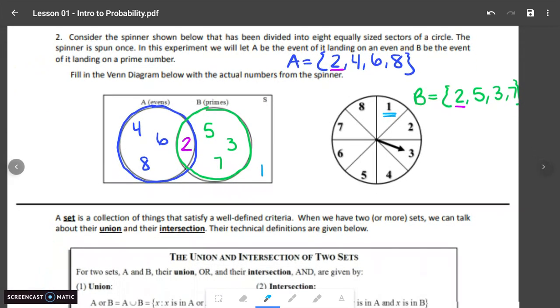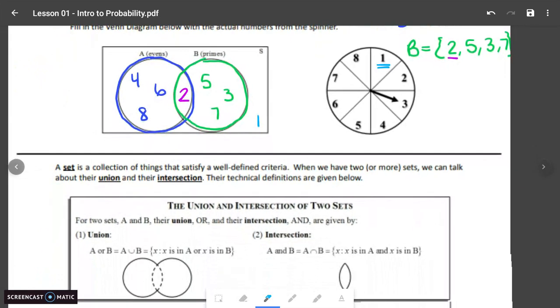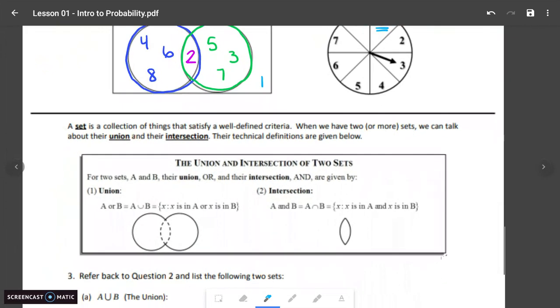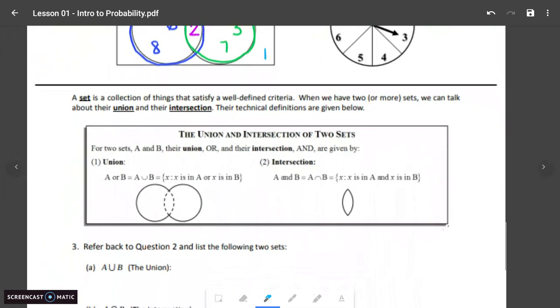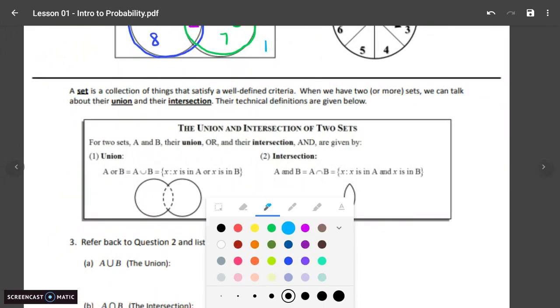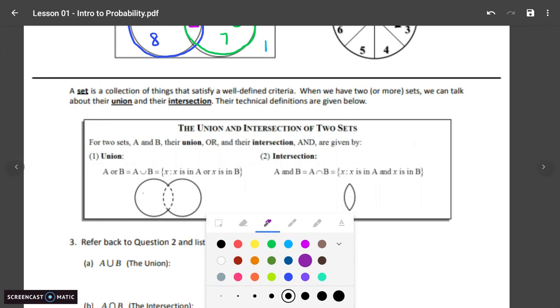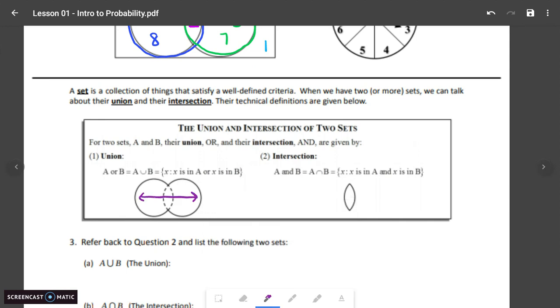Now, a couple more definitions we need. A set is a collection of things that satisfy a well-defined criteria. So we have a set of numbers, like we had the evens and the primes. Those are your sets. When you have 2 or more sets, you can have the union and the intersection. Primarily, we're only going to deal with 2 sets of numbers in Algebra 2. The union is bringing everything together. When I talk about the union, I'm looking at everything within both of these circles, including the intersection.